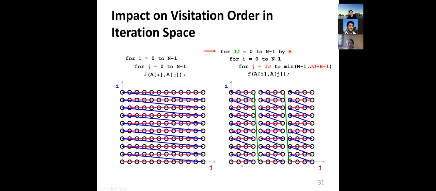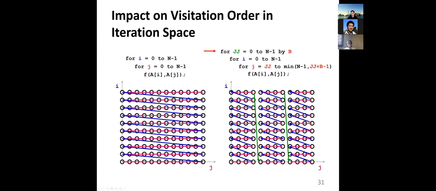But instead of doing that, we can slice across one of the dimensions. So don't go across j fully; go across j in pieces, by using step B. This slices the dimensionality across one line. So I go this way, but I don't go all the way, instead of going to the next iteration of i.